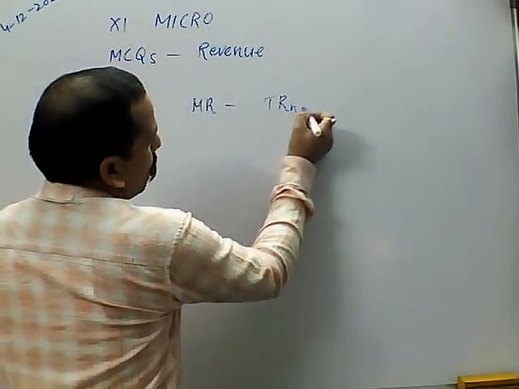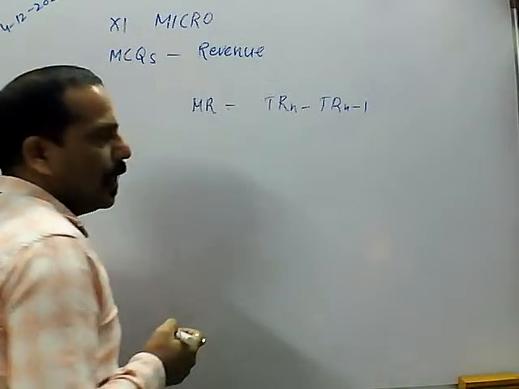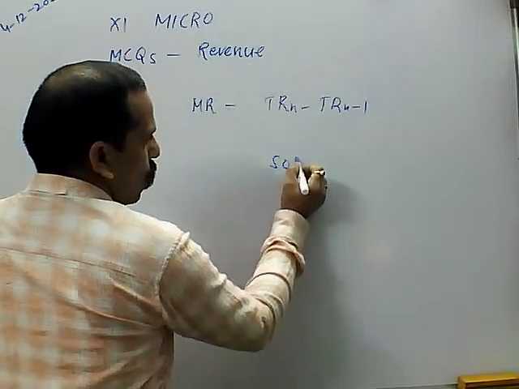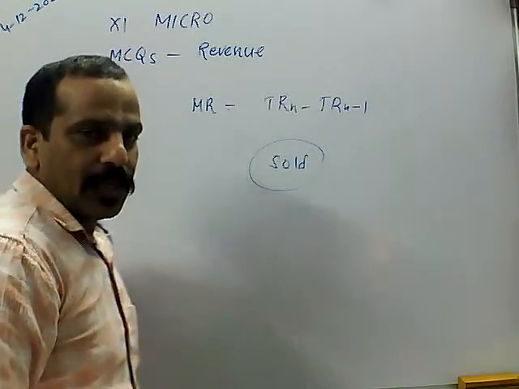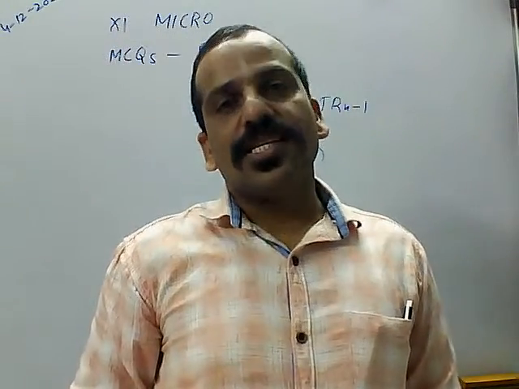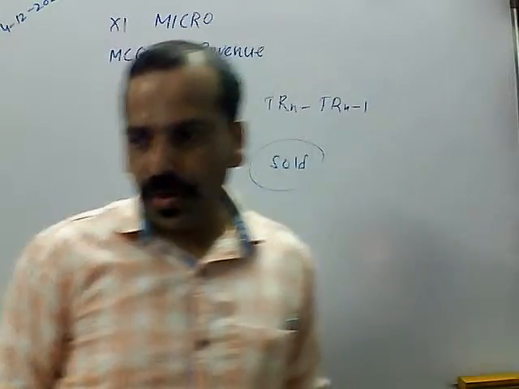Total revenue n minus total revenue n minus 1. It means if you sold one more unit, there is a change in your total revenue. Understood?